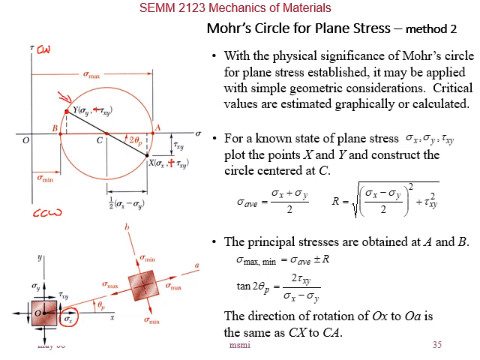Then you join the 2 points, X, Y. Of course, if you draw a graph, you can join just a straight line and it intersects at point C. And point C is the center of the circle. And then again, use your drawing tool and draw the circle with C at the center. So you get the same thing.